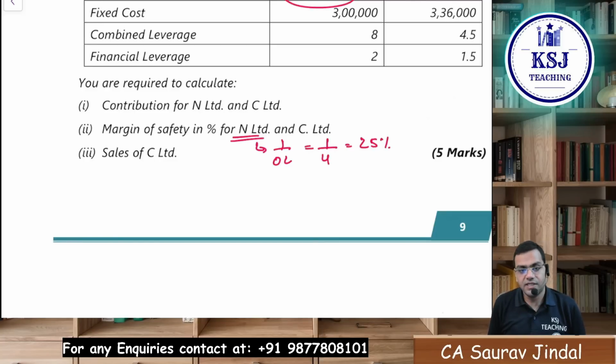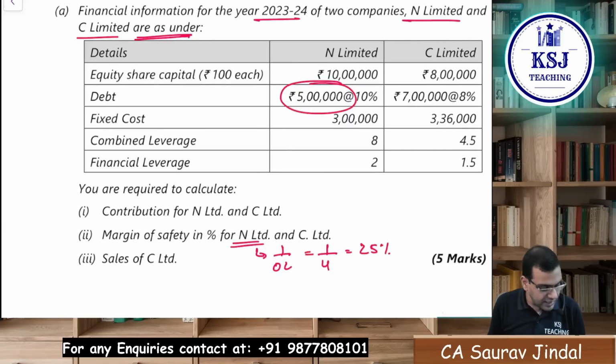Now sales of C Limited. From the given information, how can you find out the sales? Just think about it. Sir, this is a problem in the question, because some information is missing in the question itself. We can't find out the sales from whatever information we have or have calculated.